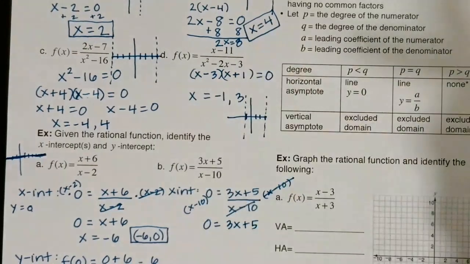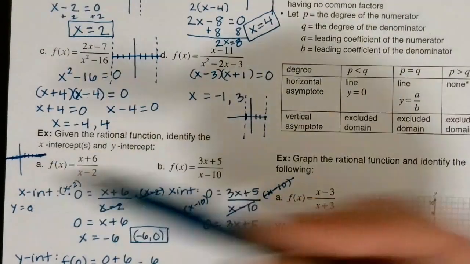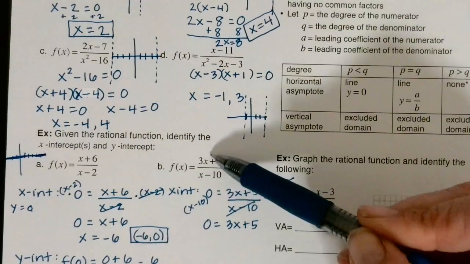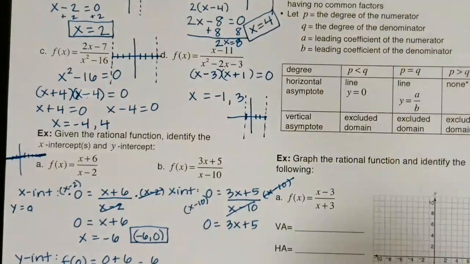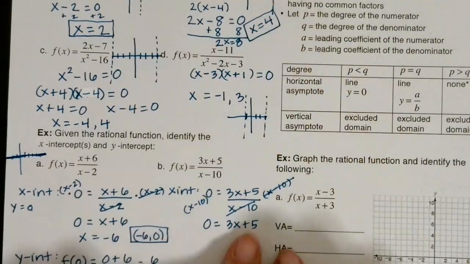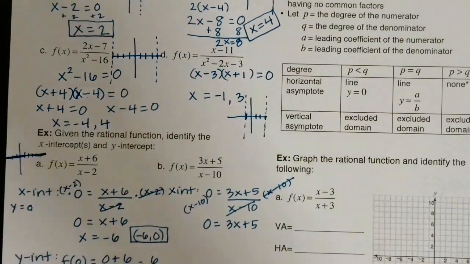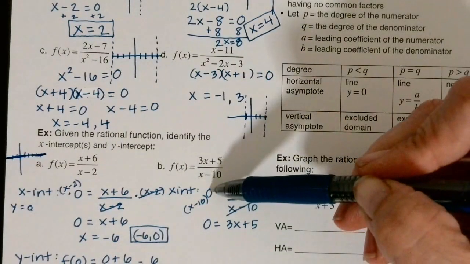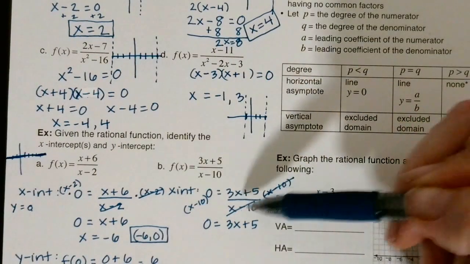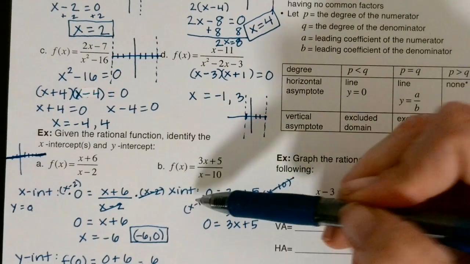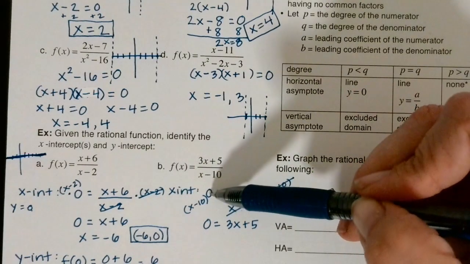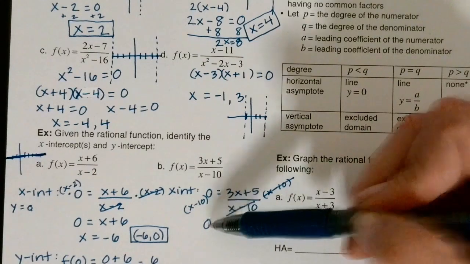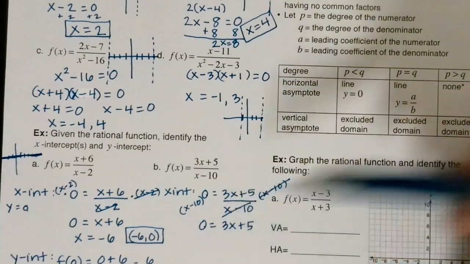So at this point, some students make the very good connection that if you want to know your x-intercept, just set your numerator equal to 0. Why? Look at this. X plus 6 equals 0. 3x plus 5 equals 0. Why does that work out? Well, every single time you set your fraction equal to 0 and then multiply by the LCD, it always gets multiplied by 0 and it's 0, and on this side they always cancel out.